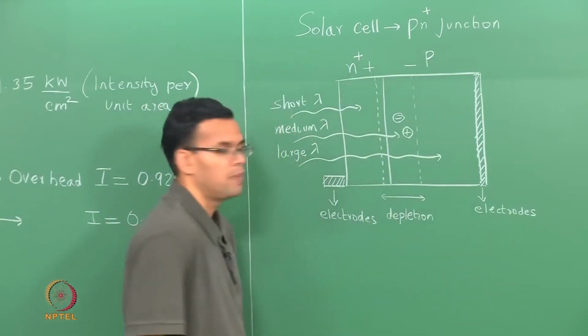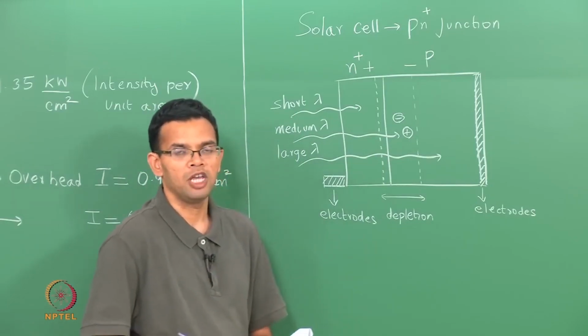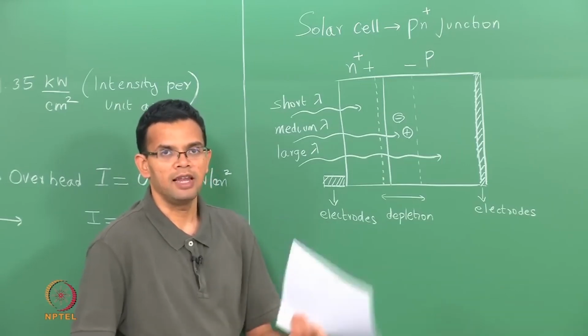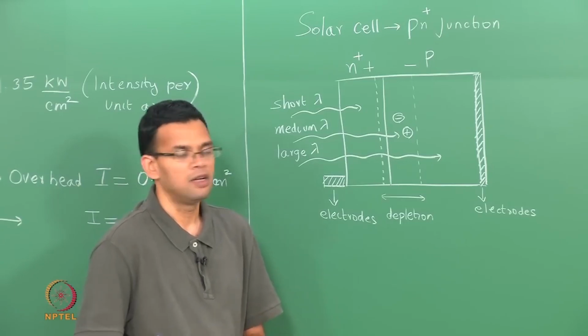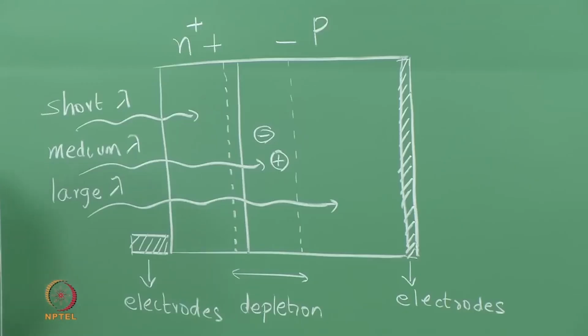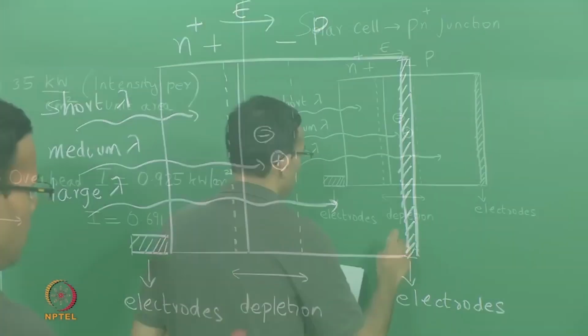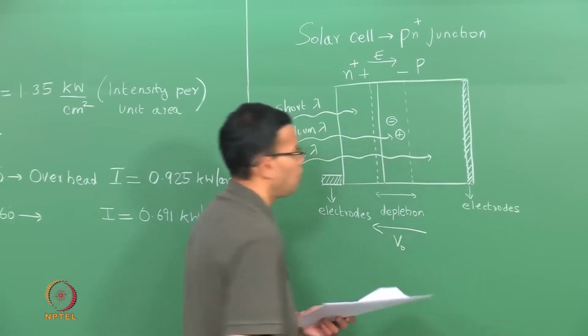So we have a plus and a minus. We saw this earlier when we were talking about p-n junctions. This arises because you have the electrons and the holes recombining and getting annihilated to give you a depletion region.